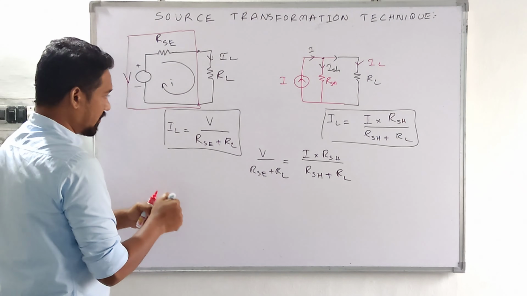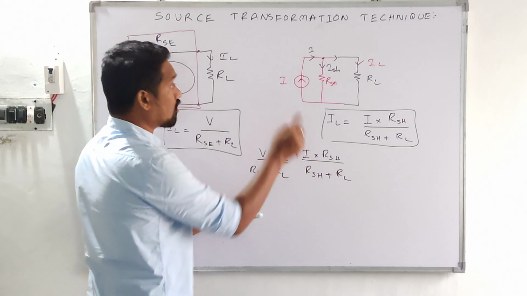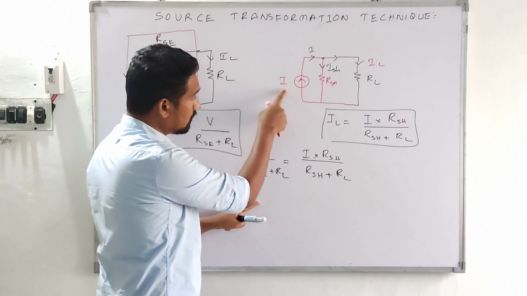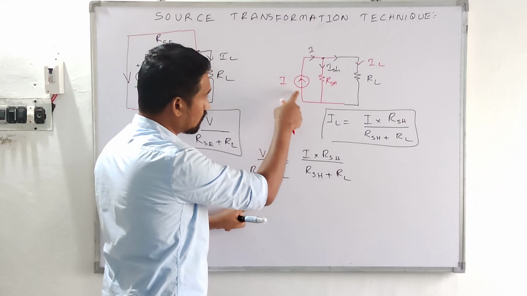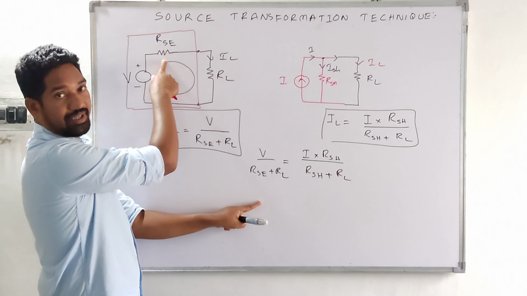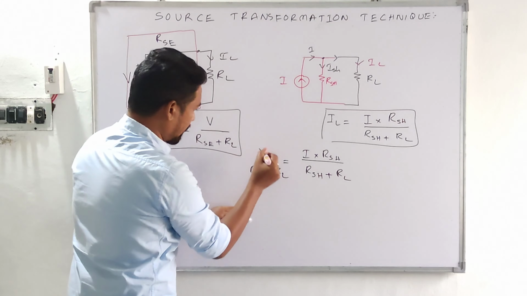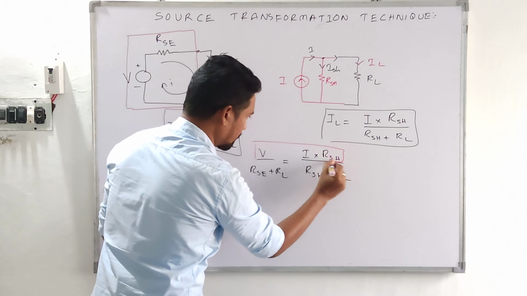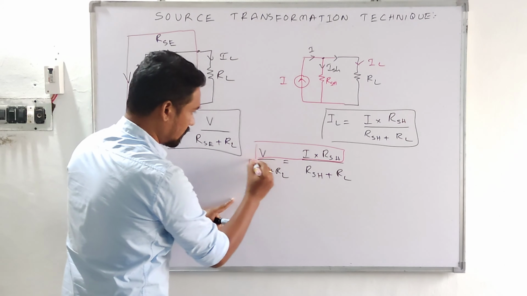So from here itself we can come to a conclusion: what value the current source should take, and what the value of RSH should be, if we know these values. This equals this, and this equals this.